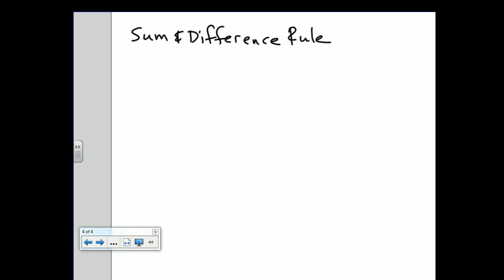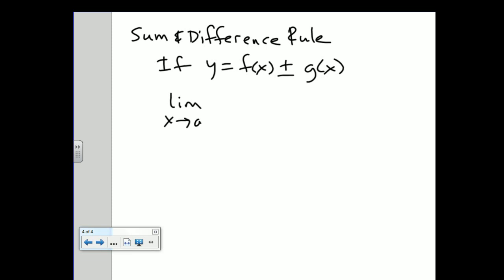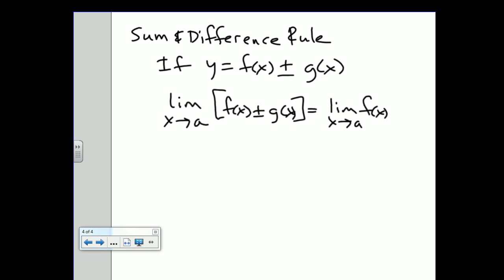Now the sum and difference rule says if y equals the sum or difference of two functions, then the limit as x approaches a value of f of x plus or minus g of x will equal the limit of f of x plus or minus the limit of g of x. Now what does that mean? That means that the limit of the sum equals the sum of the limits.